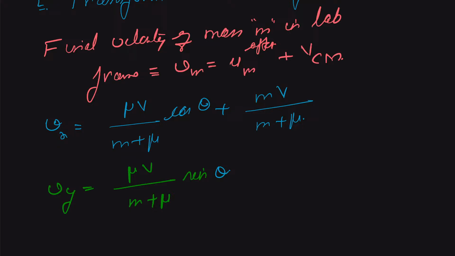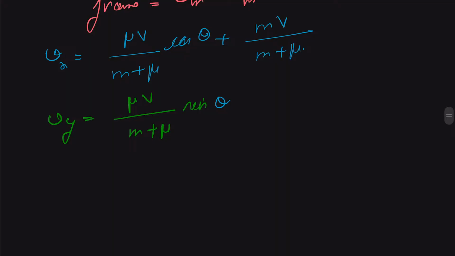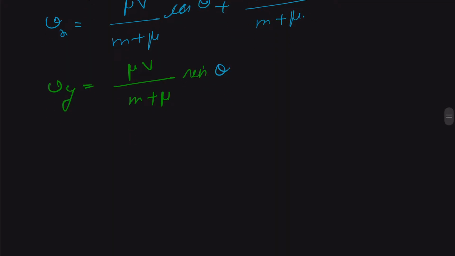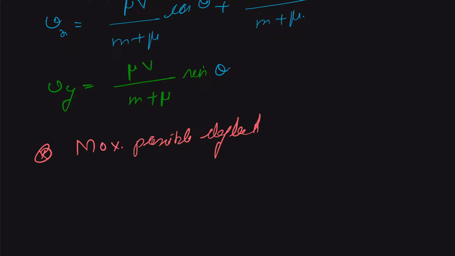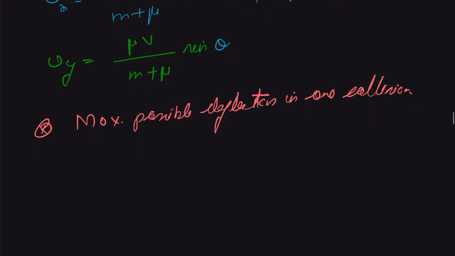And we are supposed to find out the maximum possible deflection in one collision, and let us suppose that the deflection angle is phi.